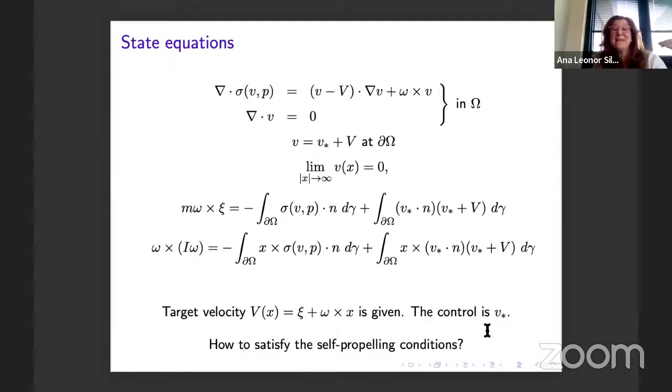As I said when I was introducing the equations, since now this capital V is given, we will have to consider some extra unknowns that allow us to satisfy the self-propelling conditions. So we not only want to find this control associated with the Navier-Stokes equations, but we still have to account for some extra unknowns to satisfy the self-propelling conditions.